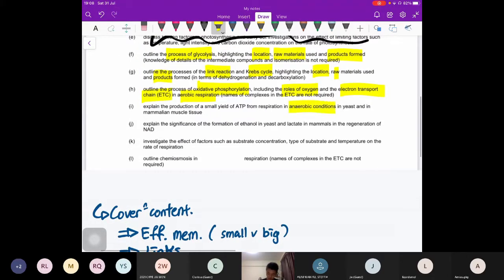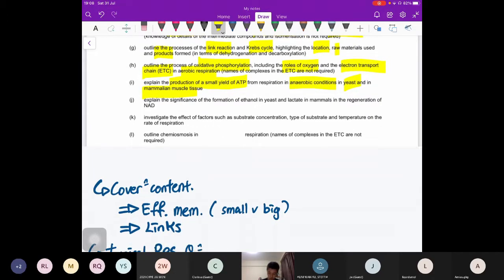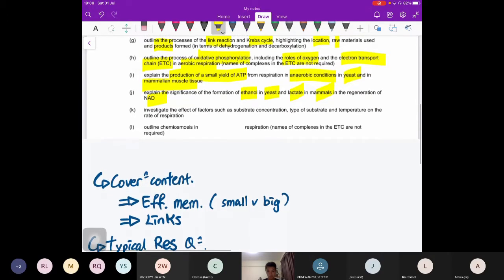Then we'll talk about anaerobic respiration and how it produces only a small yield of ATP, in yeast and in animals or mammalian muscle tissue. We also talk about the significance of ethanol in yeast, lactate in mammals, and the regeneration of NAD.